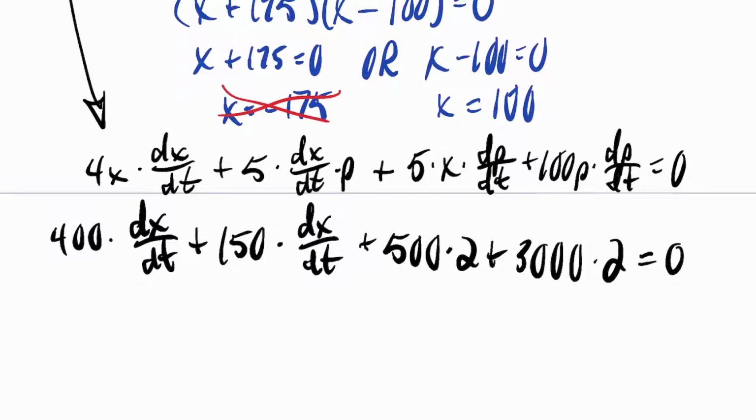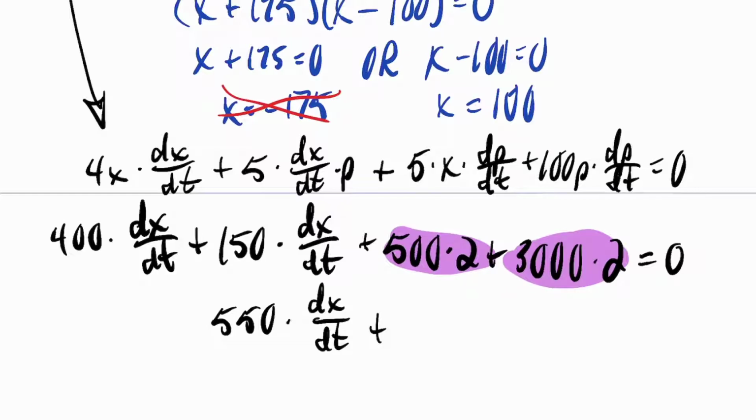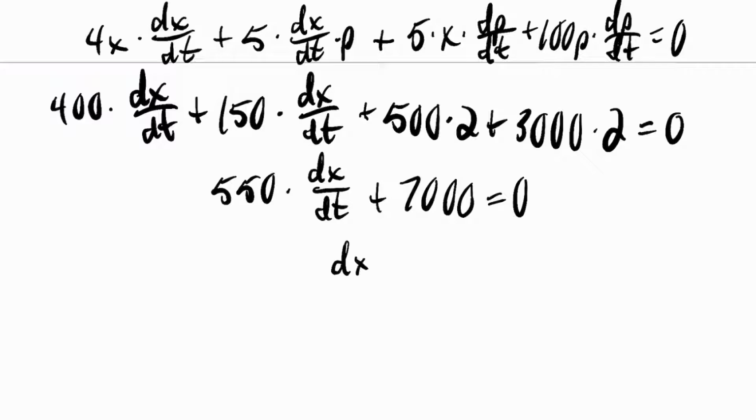So I'm going to have 550 dx dt plus, well, this is 6,000 and this is 1,000, so 7,000. So I can subtract 7,000 on both sides. So 550 times dx dt equals negative 7,000.